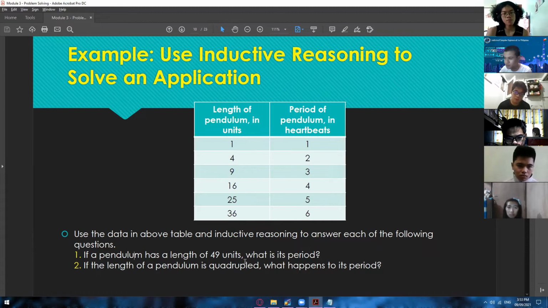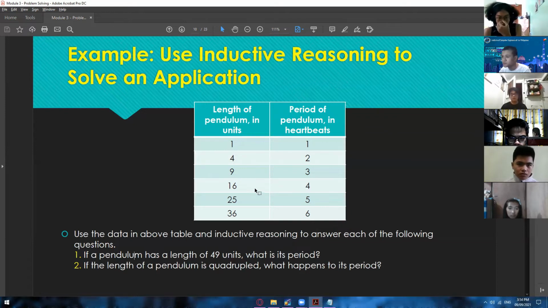Do you have other answers? According to Mr. Esguera, the heartbeats were doubled. I agree, it's doubled.